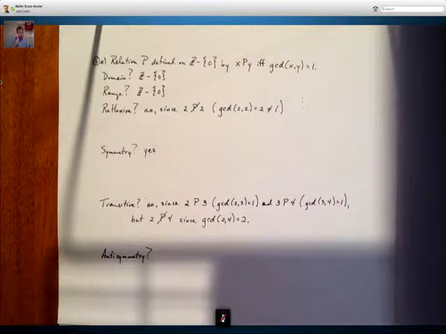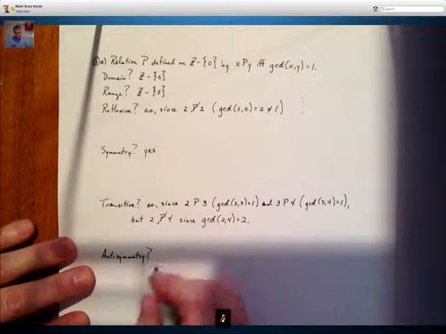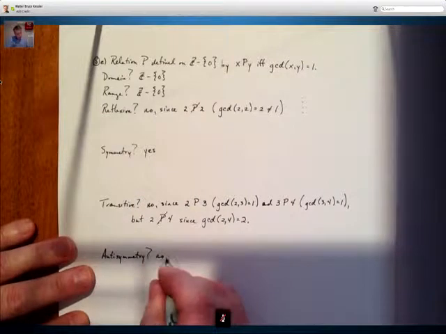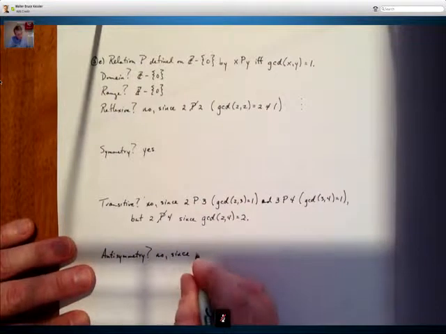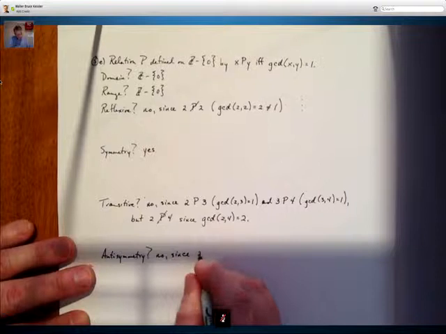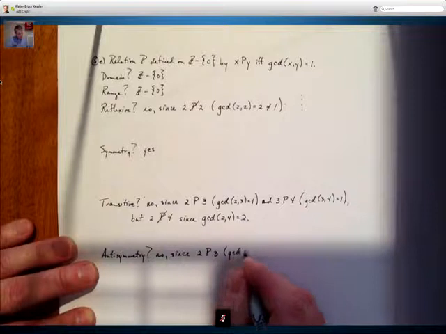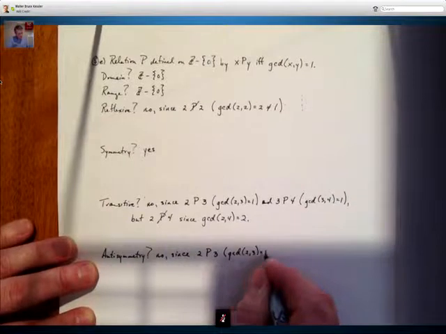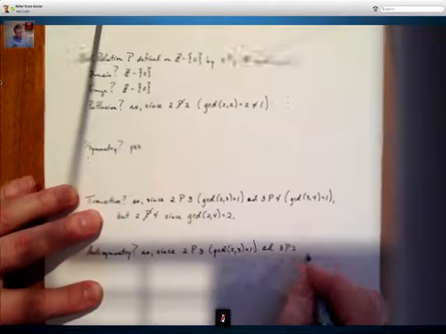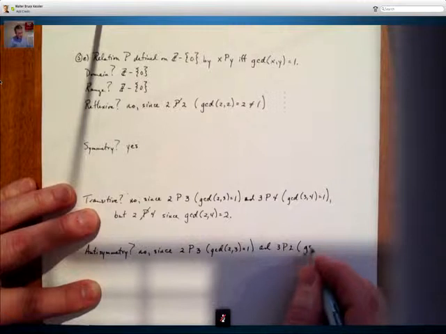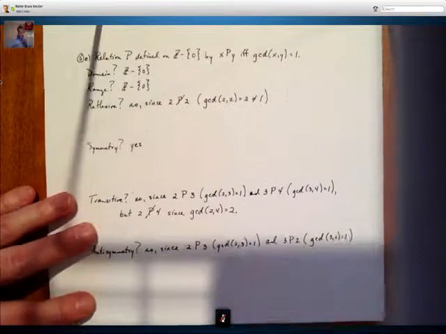And then anti-symmetry. Well, there's a whole host of reasons this wouldn't work because it is symmetric. No. Since, how about 2 and 3 again? Since 2 is related to 3, meaning that they're relatively prime, and then 3 is also related to 2, meaning the greatest common divisor of 3 and 2 is still 1.